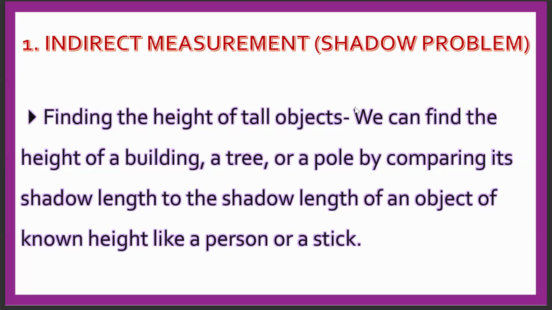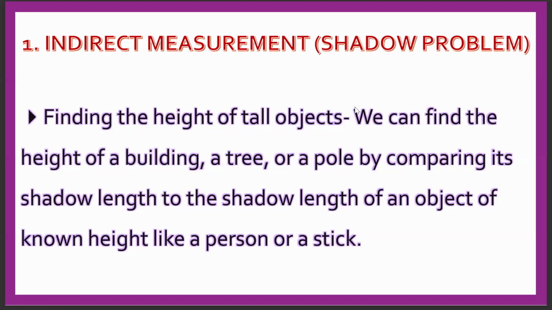then the shadow of the building must be there. And we can have some object of known height, like a person or a stick, and we can also find the shadow of that stick or person. With the help of these two, we can make two similar triangles.